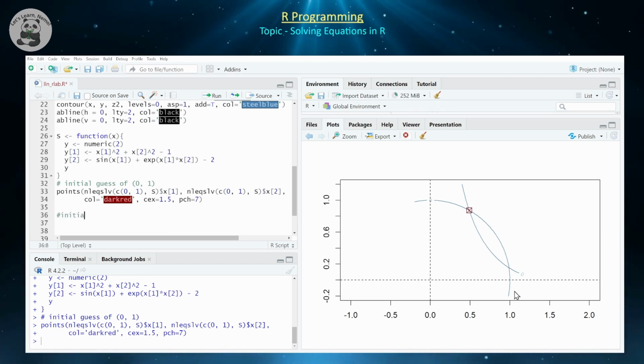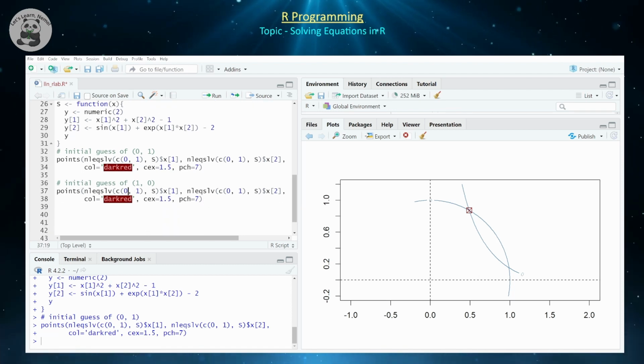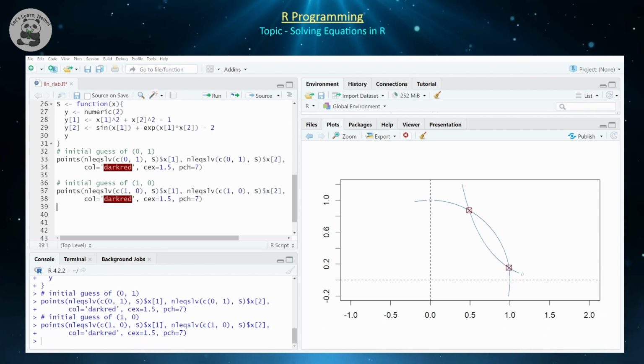So initial guess of 1, 0, and I'm going to do the same exact thing as I did above, except I'm going to use a different initial guess. So instead of 0, 1, I'm going to choose 1, 0, and plot the x and y value that it returns, and hopefully it gives us that particular point. And those are our solutions.